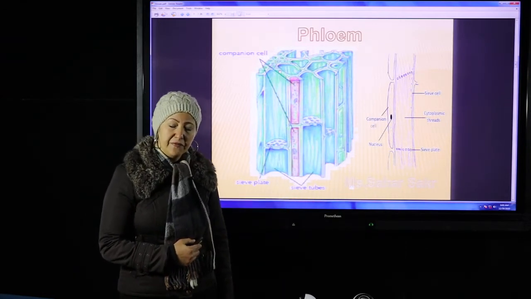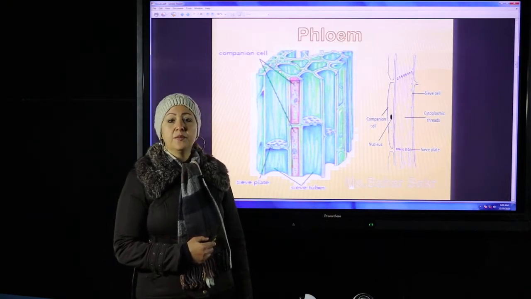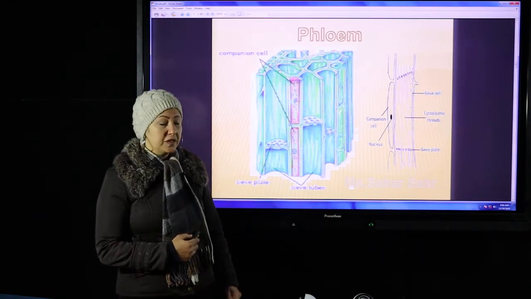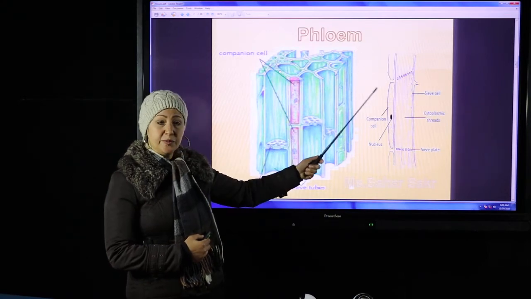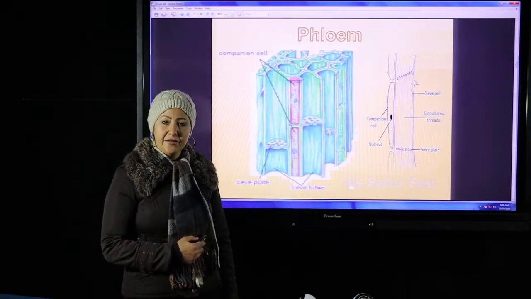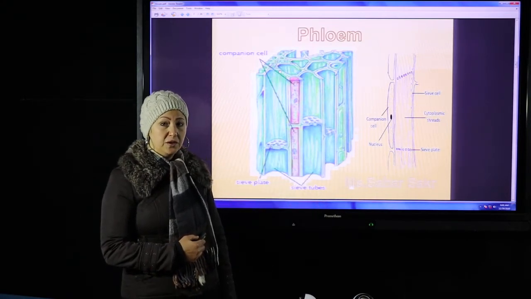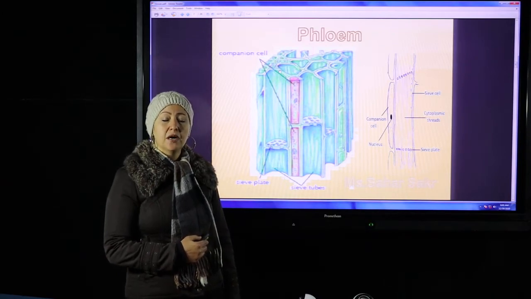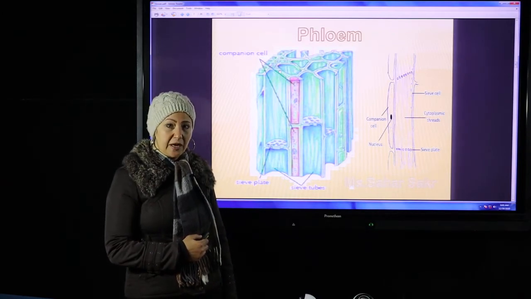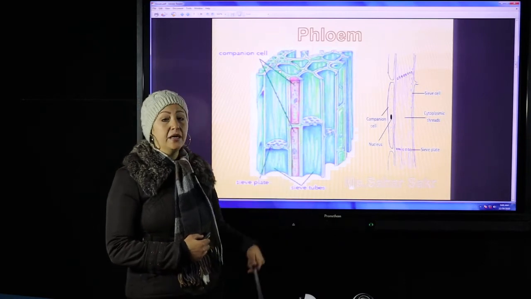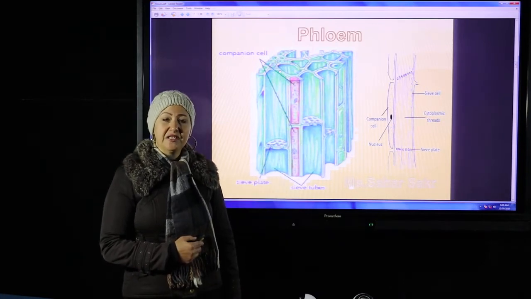Perforated means they contain pores to allow the cytoplasm of one cell to transport to the next cell, carrying the food. So the food passes inside the sieve tube, carried on the cytoplasm, and the cytoplasm of one cell can pass to another cell, carrying the food through the sieve tubes.